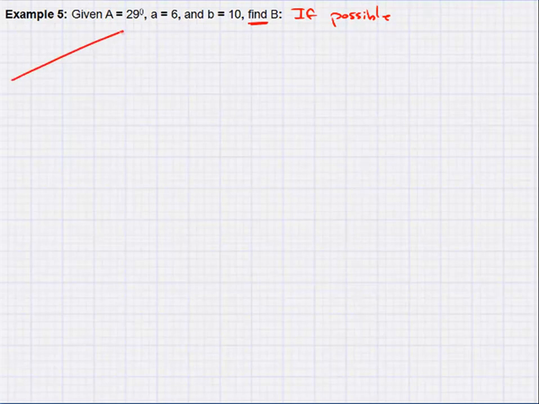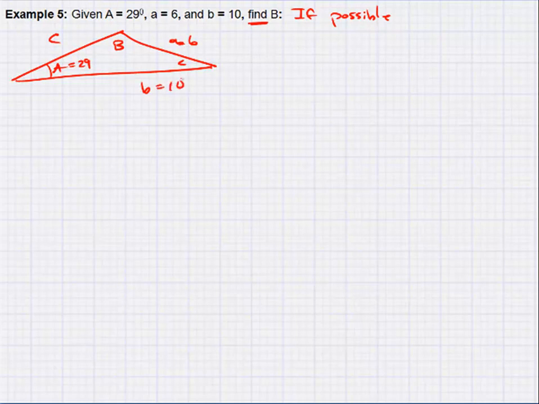So draw your triangle. A, B, C. So we go 29, 6, and 10. So again, what was given? Angle, side, side. So two sides and an angle, that's your law of sines.